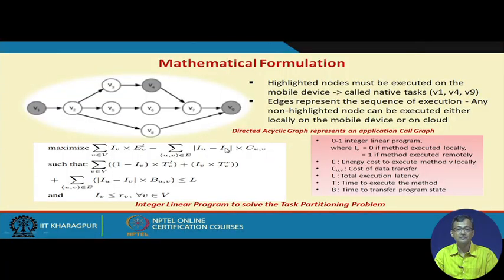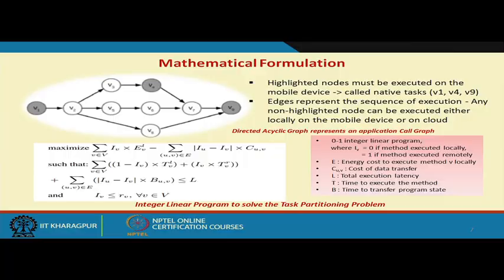So, that needs to be accounted for, and we need to maximize this. If this result is positive or maximum, then I have substantial energy saved; otherwise there is no benefit of doing that.